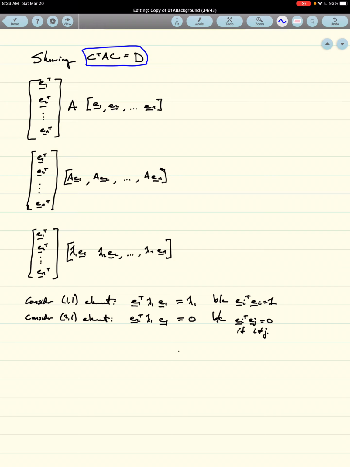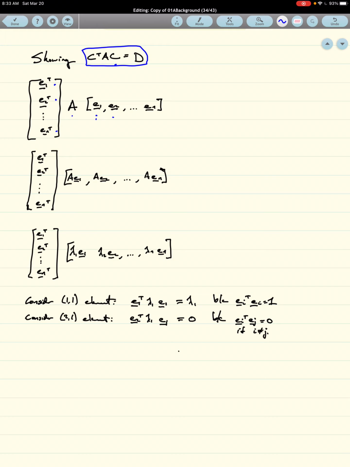And so C transpose is going to have rows given by the eigenvectors, and C is going to have columns given by the eigenvectors, and I've got A here in the middle.